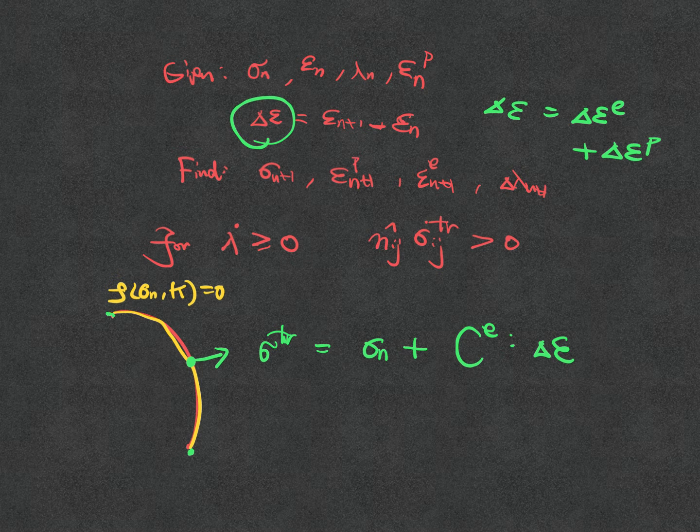And then what actually happens is that I need to test the hypothesis that everything is elastic, and if it doesn't work, I need to be able to correct it. Now, notice that the trial stress, because I'm moving it from here to here, is always pointing outward. And what is the normal? The normal is always here. It's 90 degrees to the tangent of the circle, and that is the Nij.